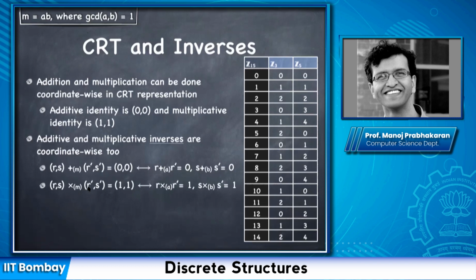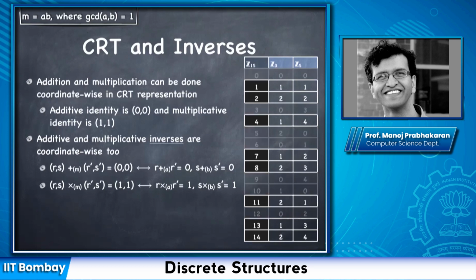It has some CRT representation, say (r prime, s prime). And what we know is that since multiplication is coordinate-wise, again, r times r prime should be equal to 1, right? Which means r prime should be the multiplicative inverse of r in Z_A, and s prime should be the multiplicative inverse of s in Z_B.